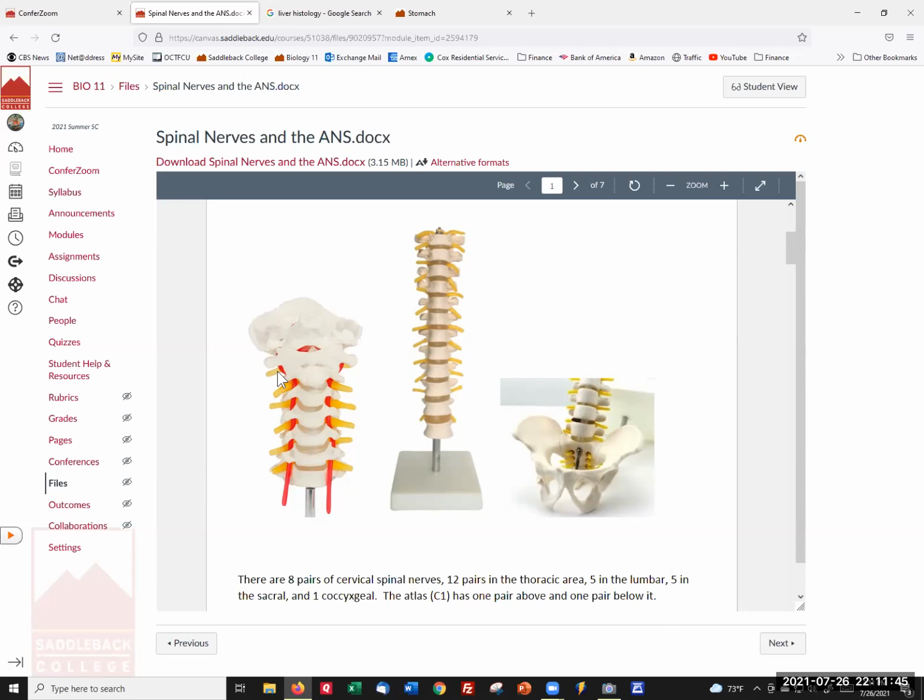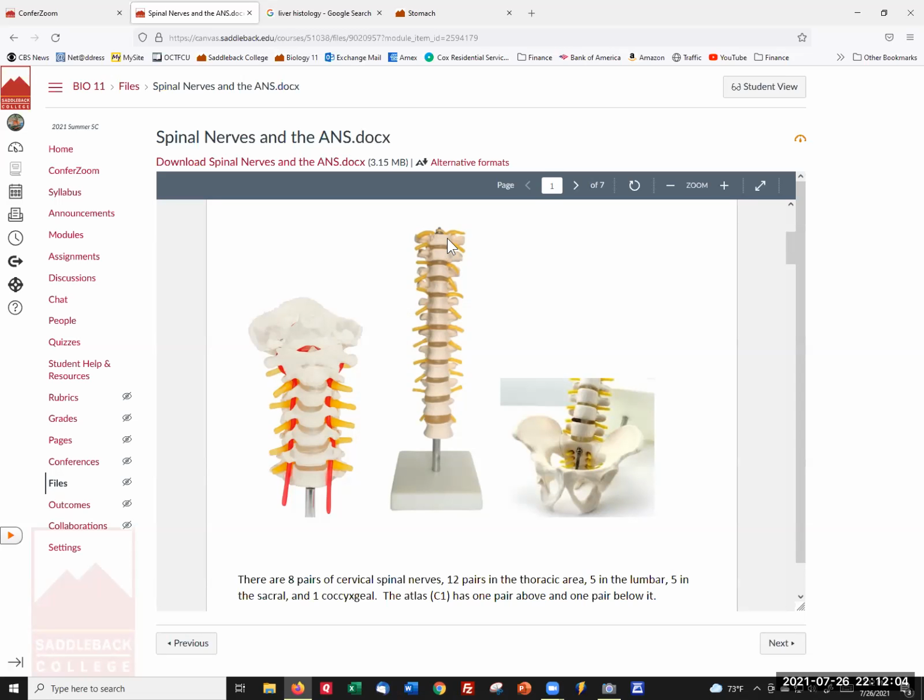There are 8 pairs of spinal nerves in the cervical vertebrae. Don't try to count them here because you can't see them all, but there are 8 pairs. Here's our vertebral artery we saw before.